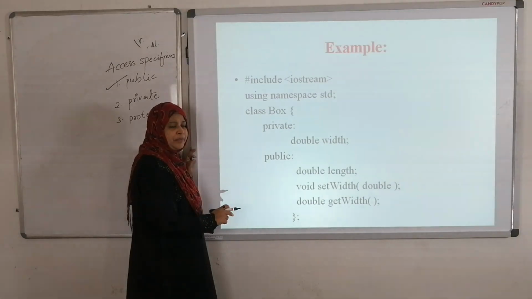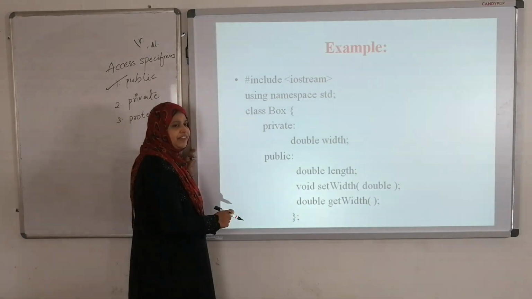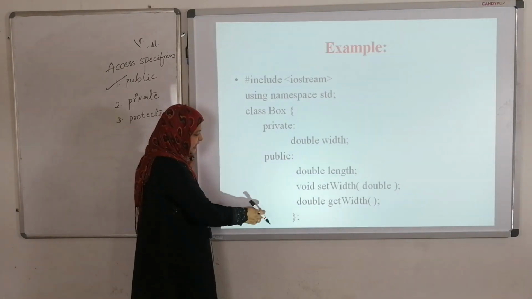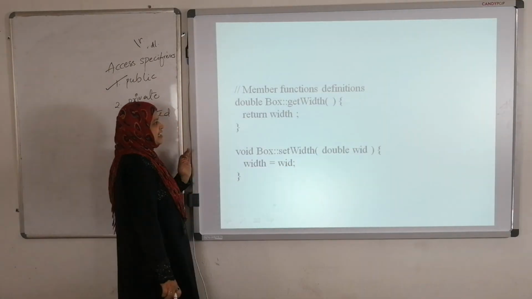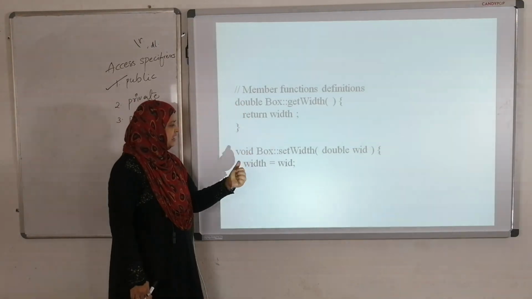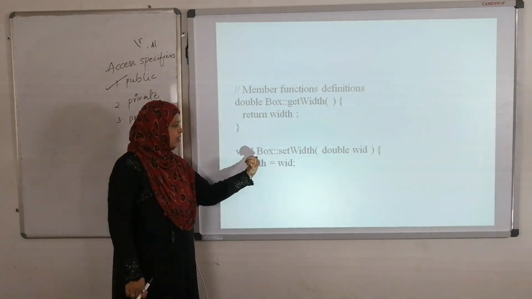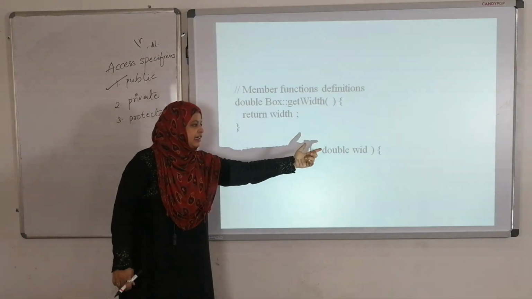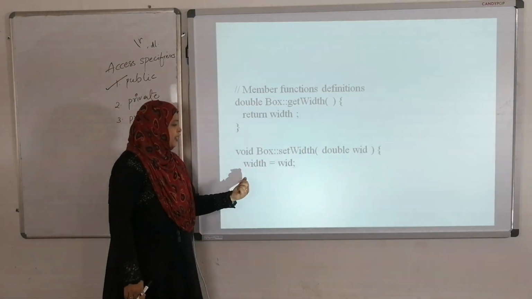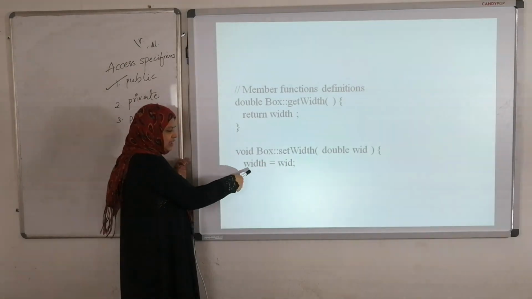After declaring the class, we have to define the member functions, setWidth and getWidth. What is the return type of setWidth? Void: void Box::setWidth(double id). Here we pass one parameter, a double id, and I assign the id value to the width.